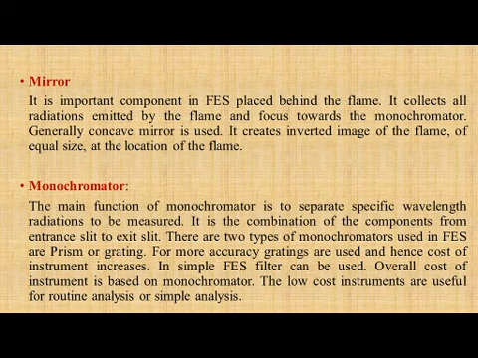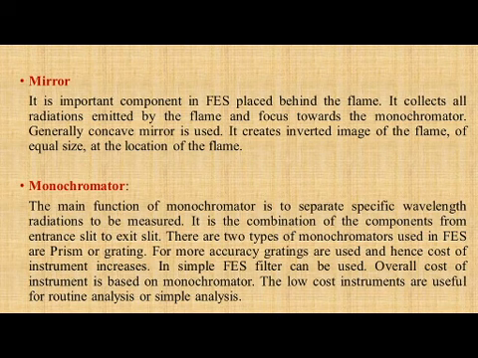If sodium is there, sodium shows yellow colored light radiations. If lithium is there, lithium shows blood red colored radiations. They have different wavelengths, so whatever specific wavelength of radiation is there, that is separated by using this monochromator. And a monochromator is nothing but the combination of components from the entrance slit to the exit slit.